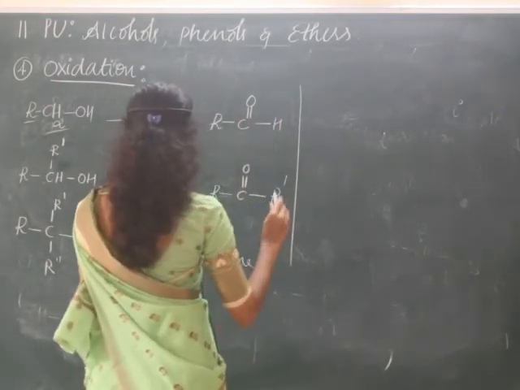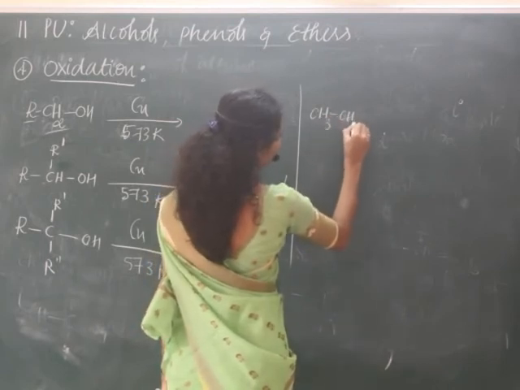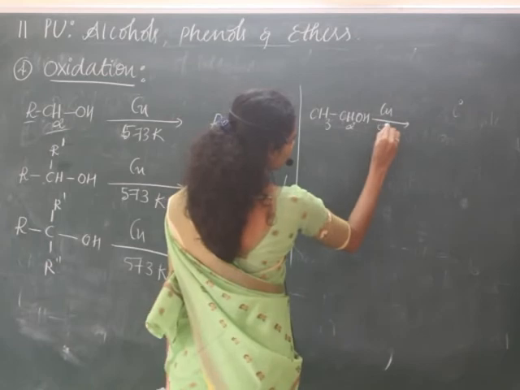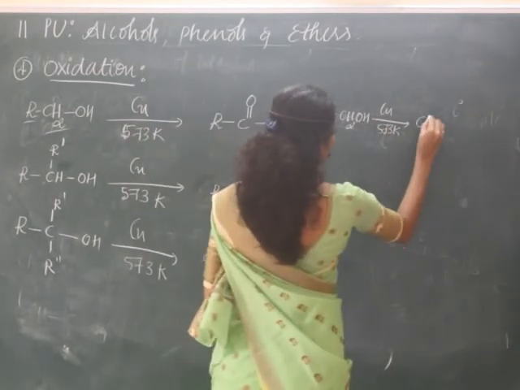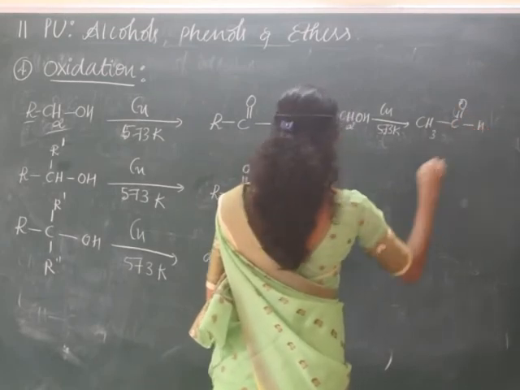First one is RCH2OH. I will take CH3, CH2, OH. Condition is the same, copper 573 Kelvin. What will we get? CH3, C double bond O, H, an aldehyde.